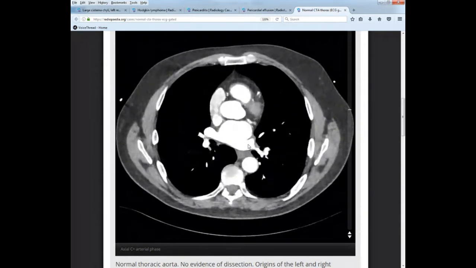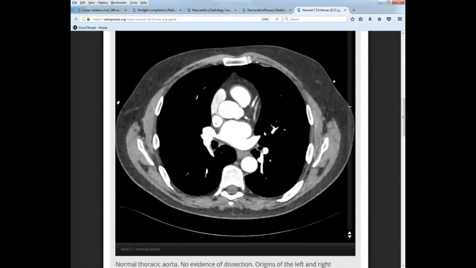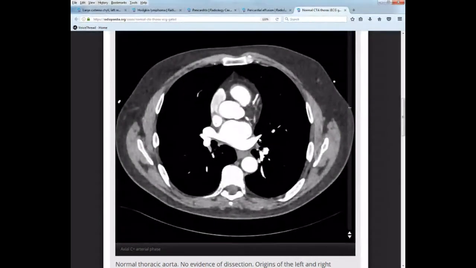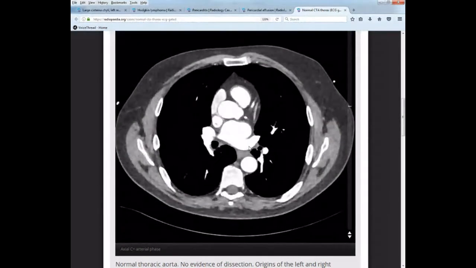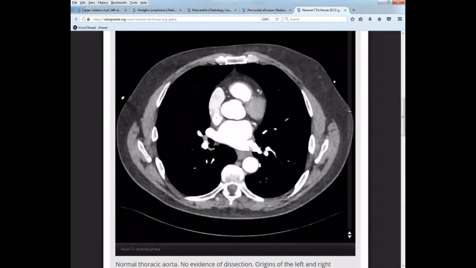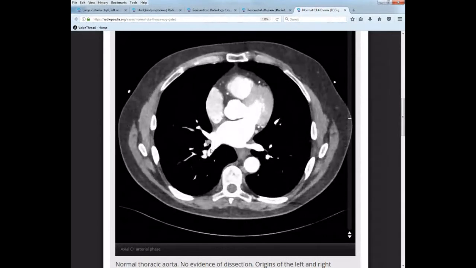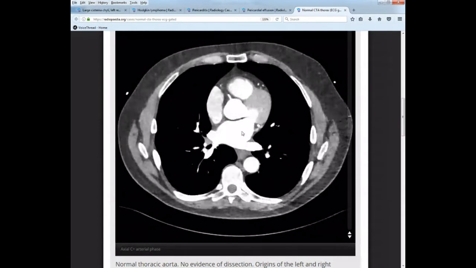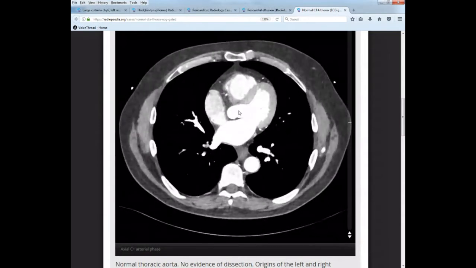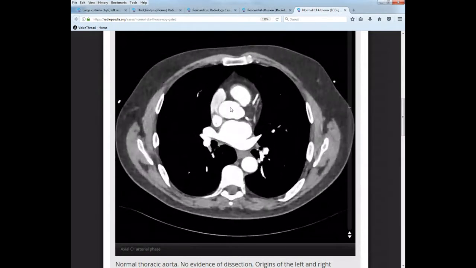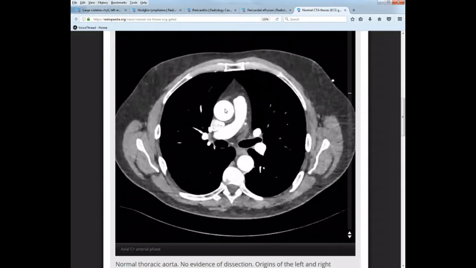Inferior right here, superior right here of the left side, so left superior, left inferior pulmonary vein coming into the left atrium. That feeds your oxygenated blood to the left atrium, left ventricle, and then out through the aortic root, out through the aorta, out to the rest of the body.